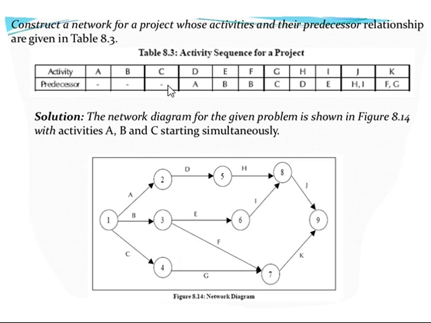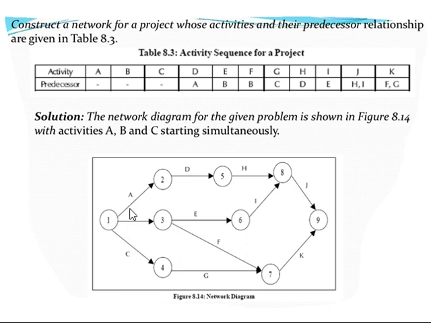So with respect to this particular table, there are three activities, namely A, B, C, which do not have any precedence. So all of them start at a common node, since they do not have any precedence. If you observe this diagram, A, B, C have been represented in such a way that there is no activity before them.